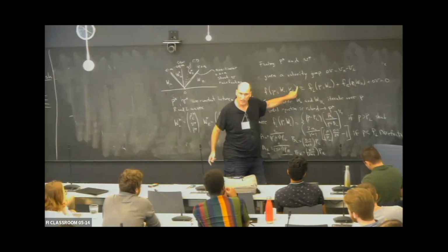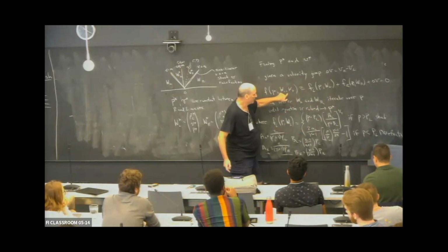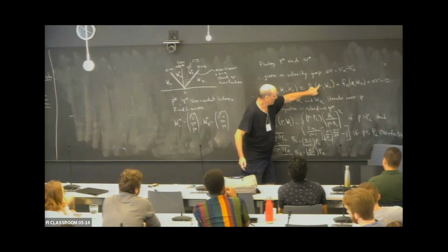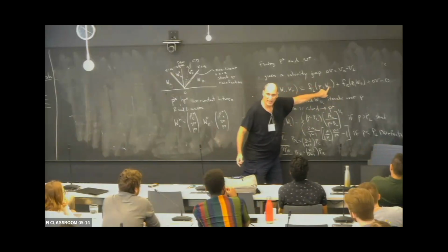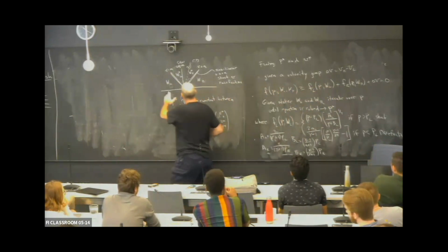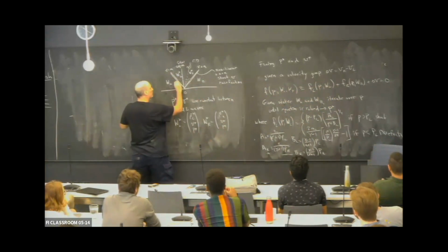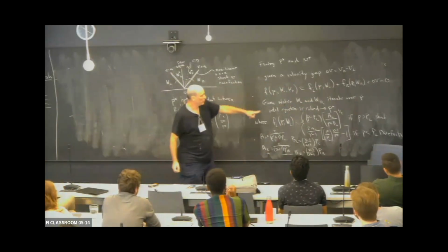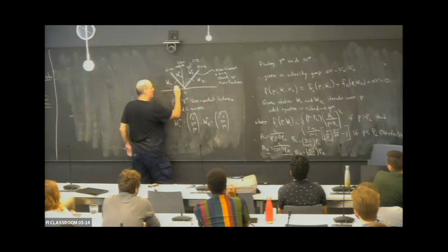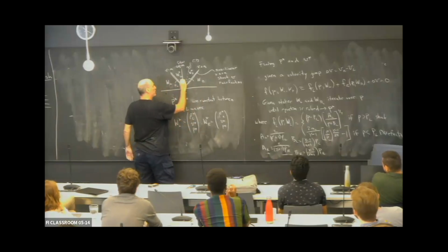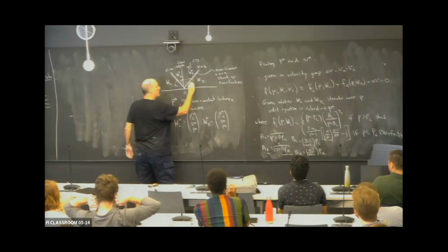Is that clear? These functions f just tell you, as a function of p, given the left state, how it would connect to the left state. So it's a jump here, and then you can also jump here. And that's what these functions do. They allow you to jump from p left to p star, and then from p star to p right.